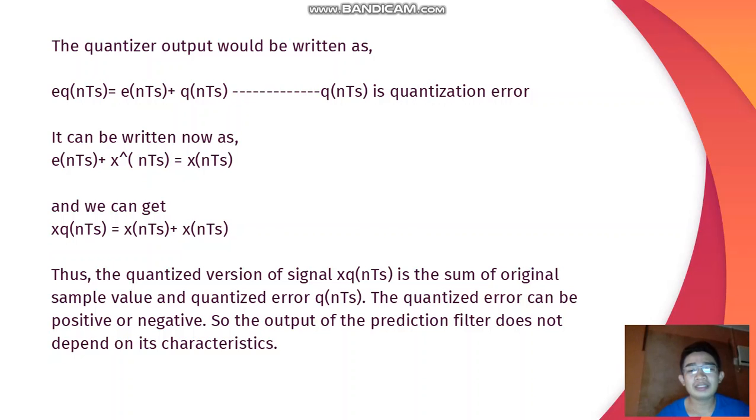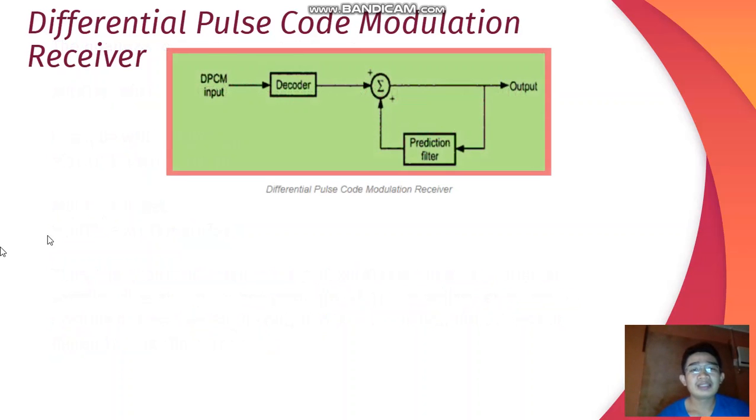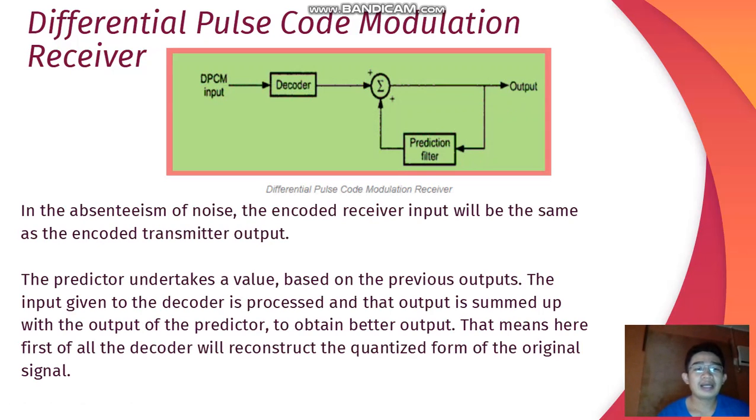The quantized error can be positive or negative, so the output of the prediction filter does not depend on its characteristics. This is the picture of differential pulse code modulation: the DPCM input, decoder, prediction filter, and the output. In the absence of noise, the encoded receiver input will be the same as the encoded transmitter output.